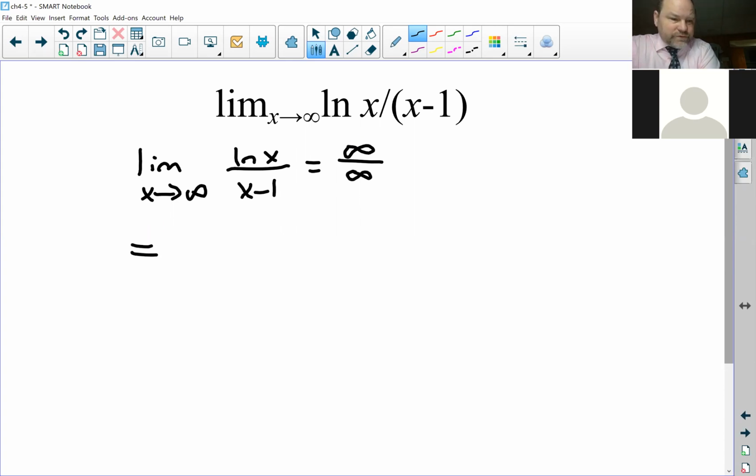So I'm going to use L'Hopital. And what is the derivative of ln of x? Isn't it 1 over x? It is.